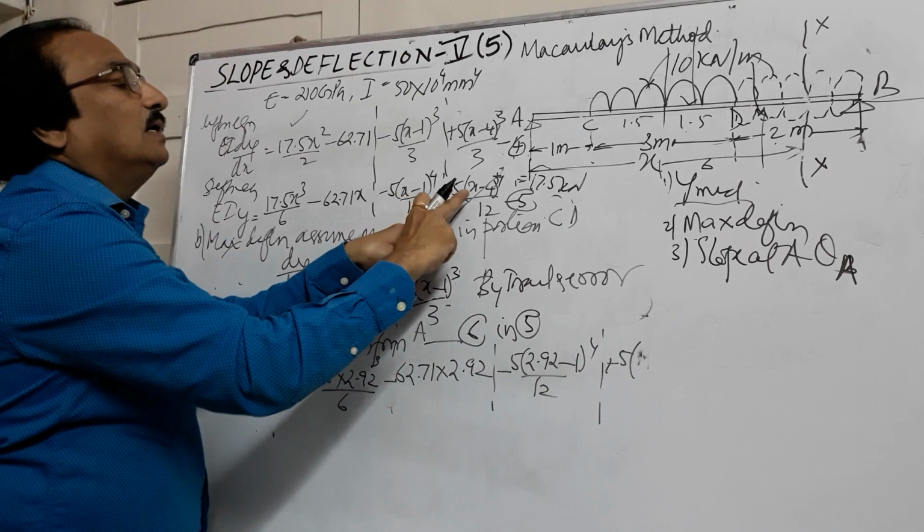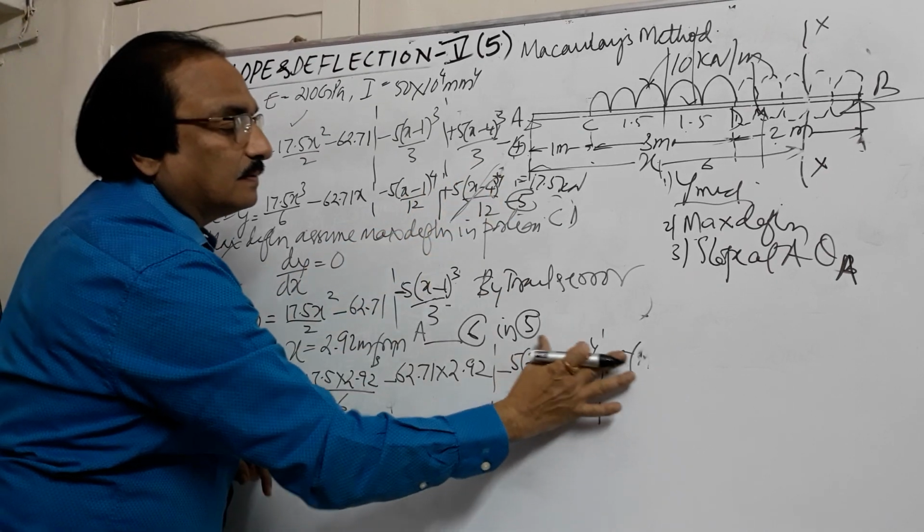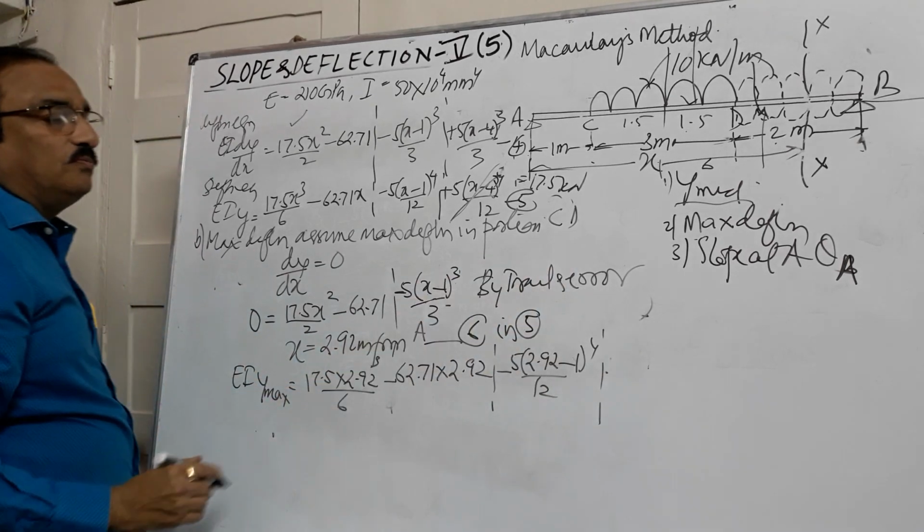Now this term, 2.92 minus 4, will be a negative value, so we will leave that part.